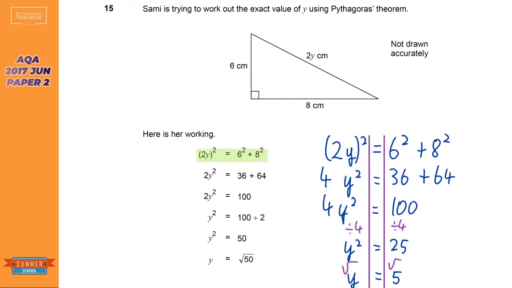Well, I squared the bracket out just as they did, but I squared the y and the 2. You've got to square both of them, because (2y) squared, so 2y, all of that squared, is the same as 2y times itself, right? Times 2y, which is 4y squared. And they got 2y squared.